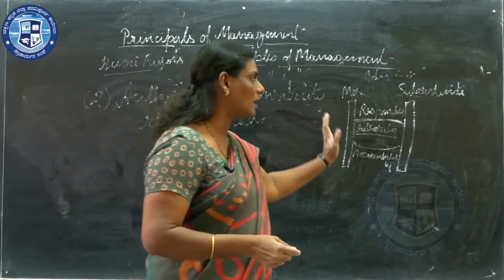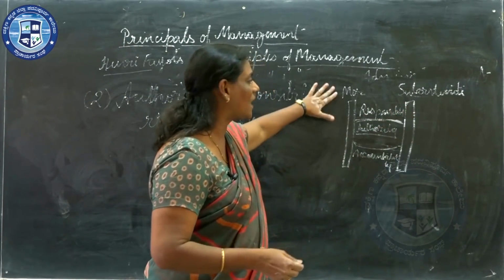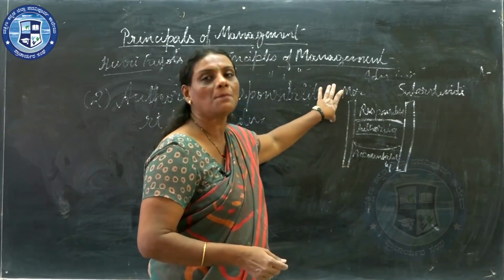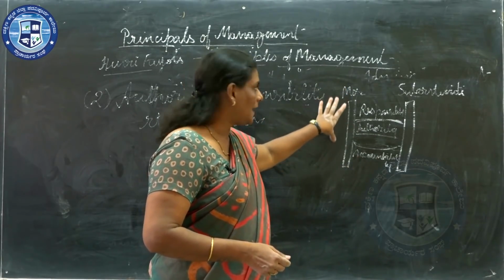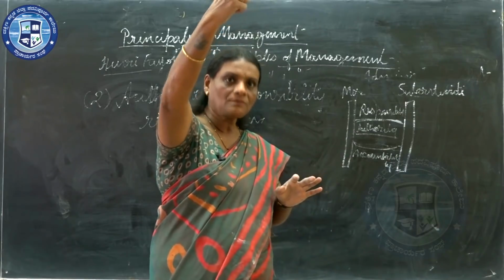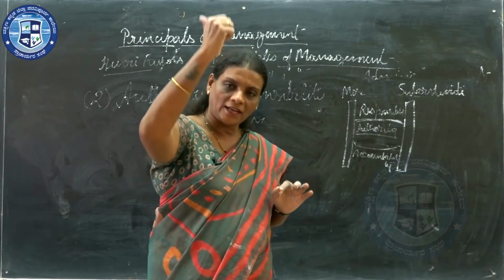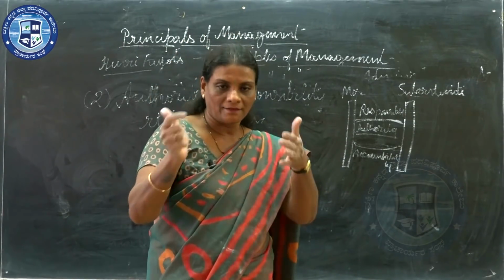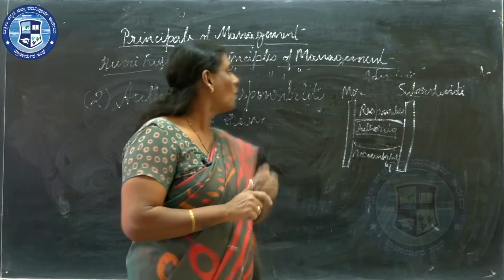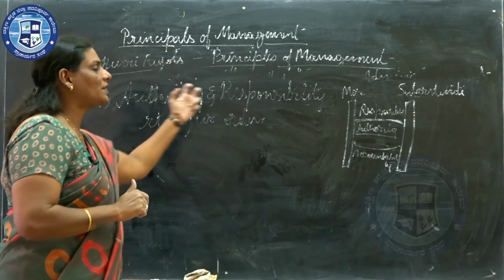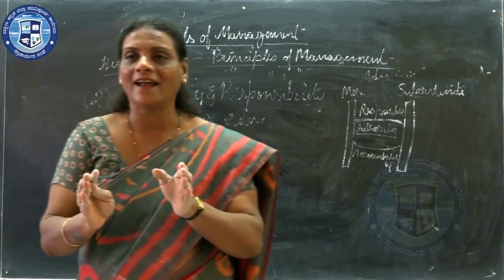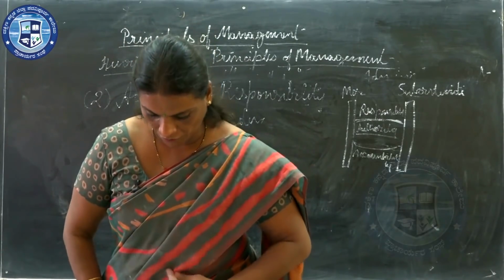For each work, the subordinate is accountable to the manager. Ultimately, the manager will be accountable to the management or the higher authority in the organization. So only when both authority and responsibility go hand in hand will there be a smooth flow of work.